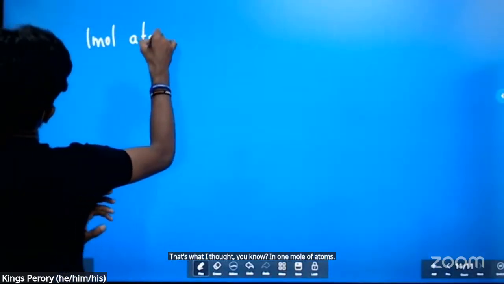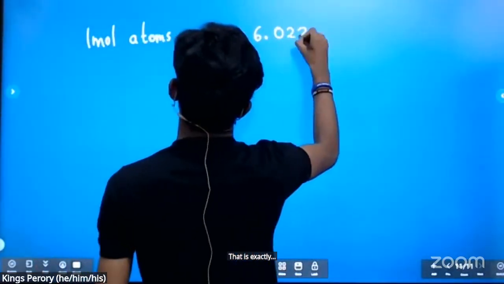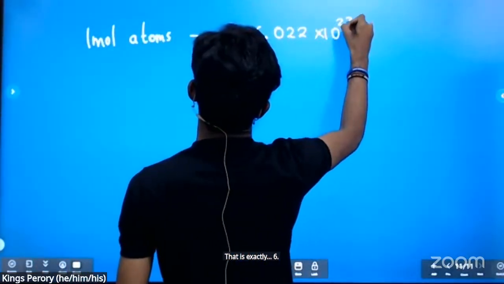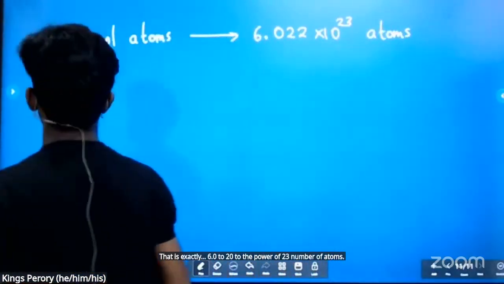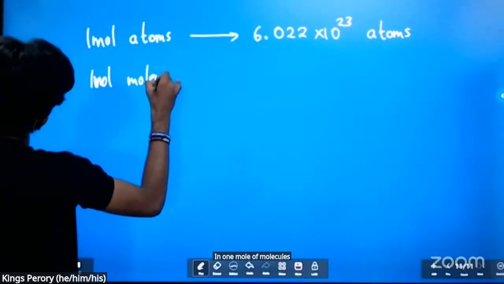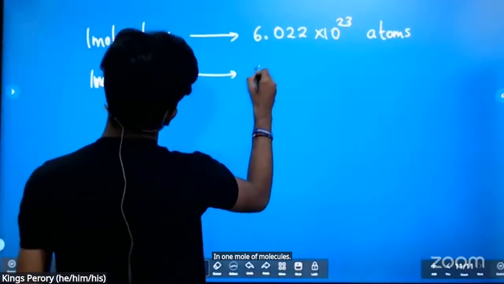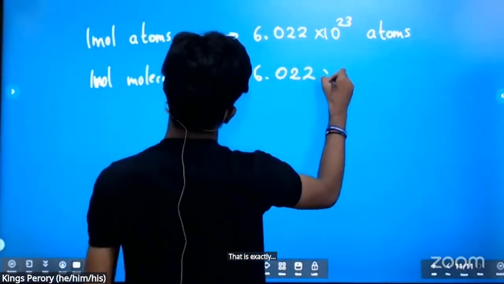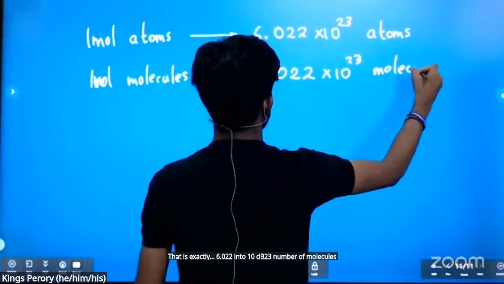In 1 mole of atoms, there is exactly 6.022 into 10 to the power 23 number of atoms. In 1 mole of molecules, there is exactly 6.022 into 10 to the power 23 number of molecules.